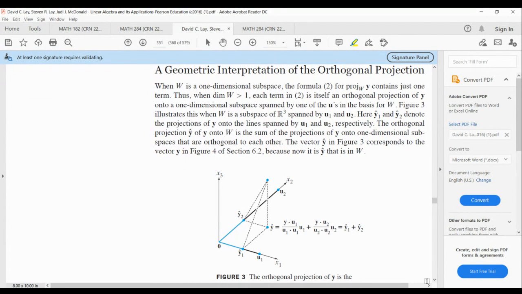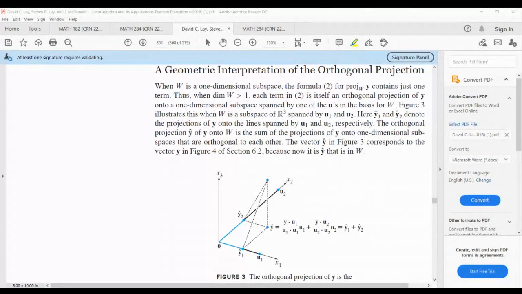Now we have an n-dimensional space, but for the picture they're showing a three-dimensional space. The vector y is this blue dot here at the top.